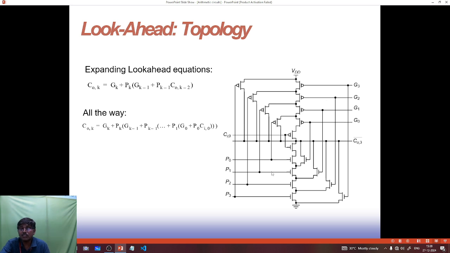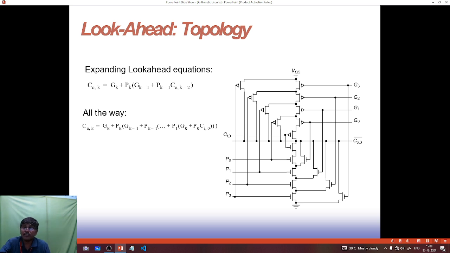So this is the circuit that you drew. We are familiar with this: when P0 and Ci0 are in series, we know that nMOS will be connected in series and pMOS will be connected in parallel. Based on this logic, pMOS will be connected in parallel, and P0 and Ci0 will be connected in series.